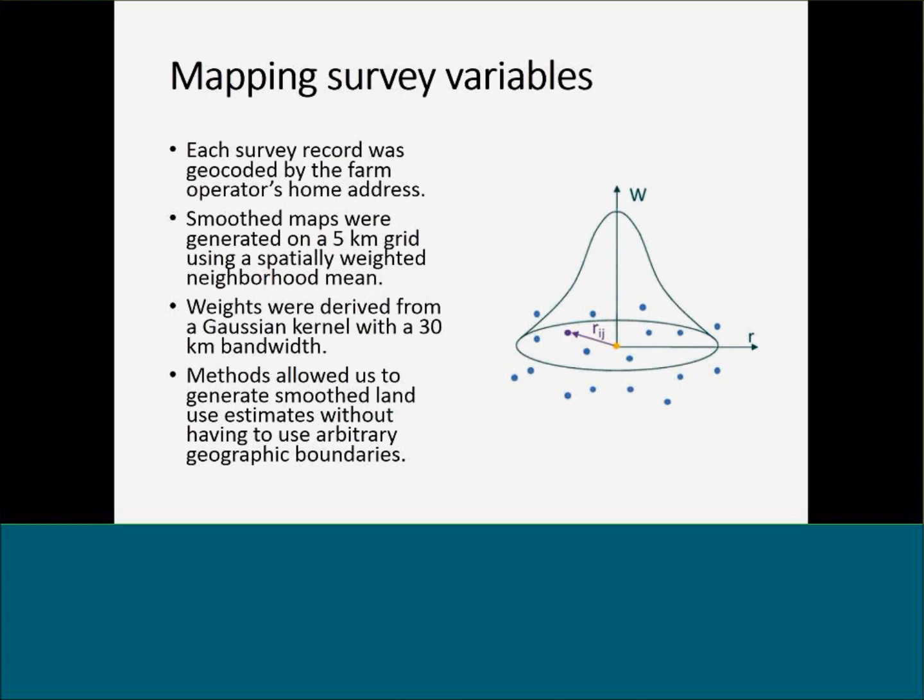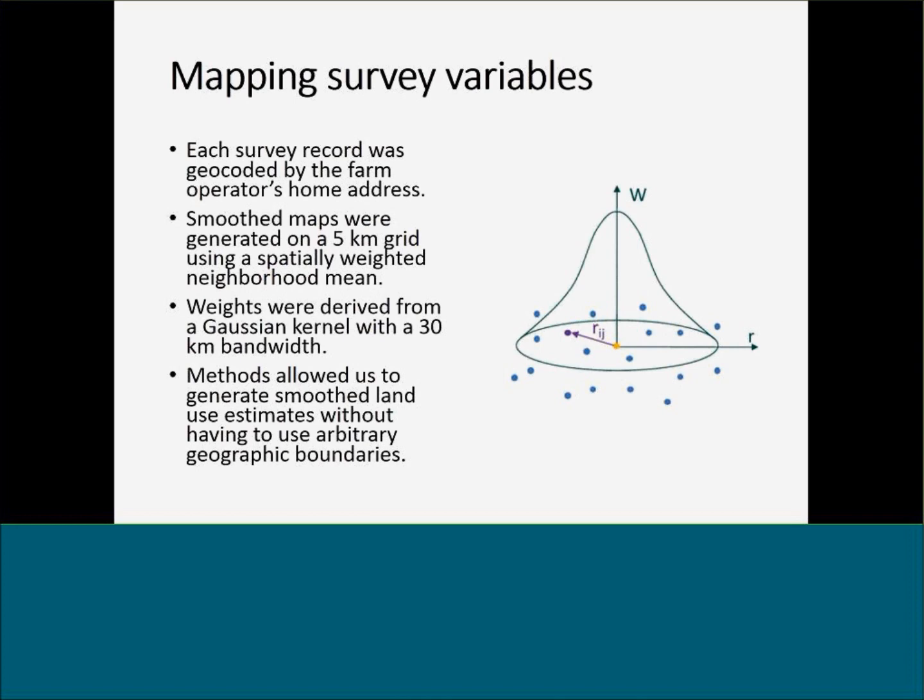Basically, we put a grid across this landscape, and for every point on that grid, we looked out over a 30-kilometer radius, took a mean or some kind of a summary of all of the observations, all of the survey points that were in that circle, and then we weighted them so that ones that were closer to the center had more weight, and that weight decreased as we got further from the point that we were mapping.